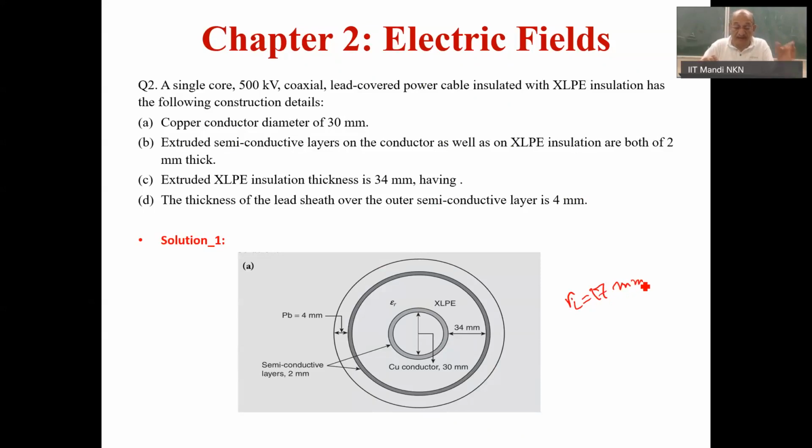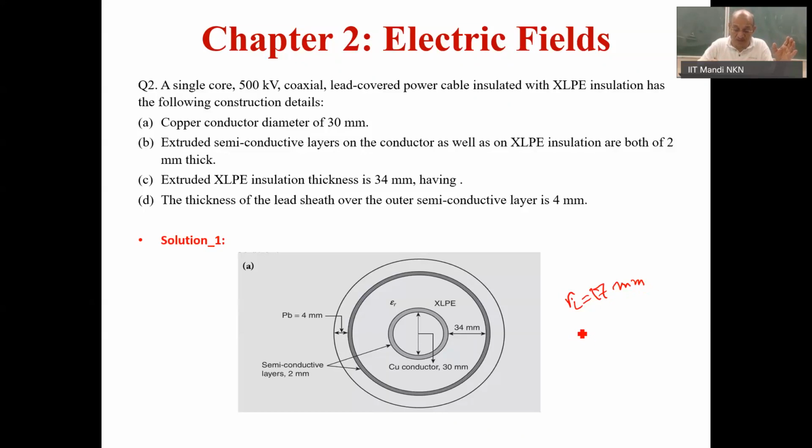Okay, then RO. RI and RO are actually the inner and outer radiuses of the dielectric, where you calculate the minimum and maximum electric field intensity.